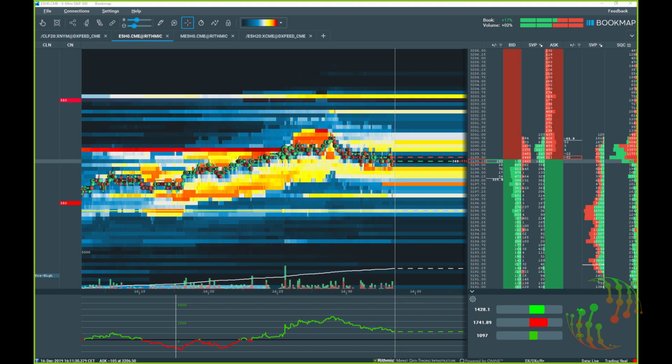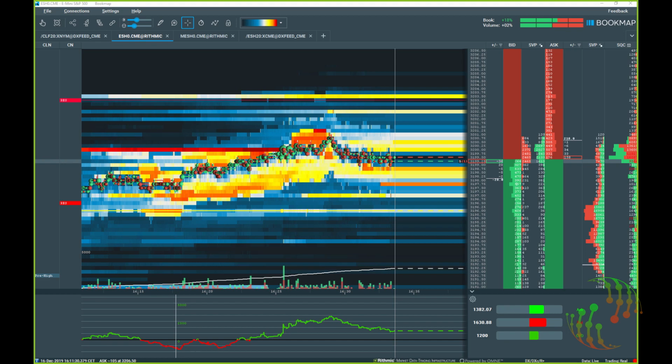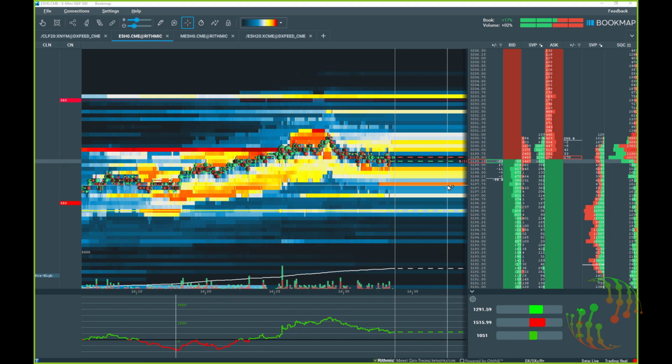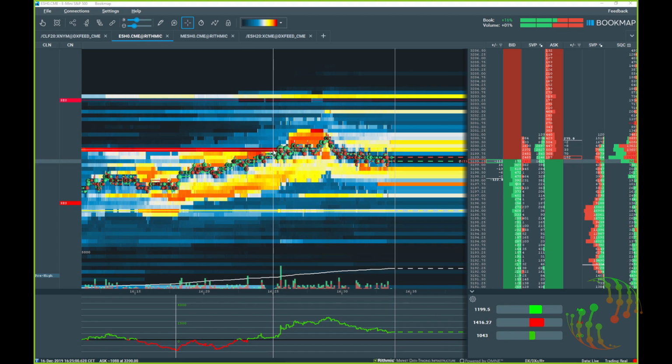But liquidity is not always liquidity. You should have a thorough understanding of liquidity and why it is there. It answers the question where the most contracts are sitting. That's right. But it does not answer the question if this liquidity is going to hold.